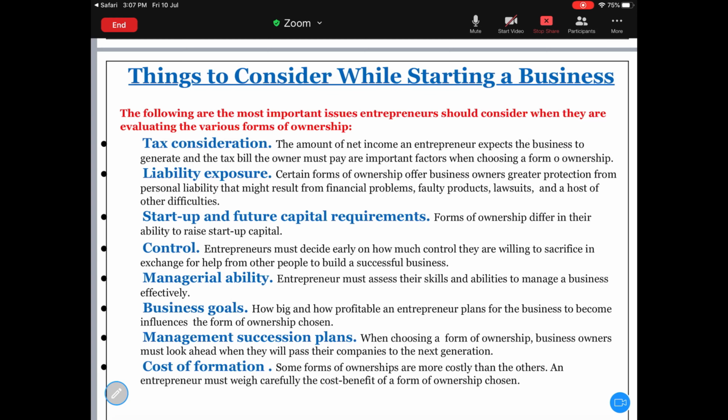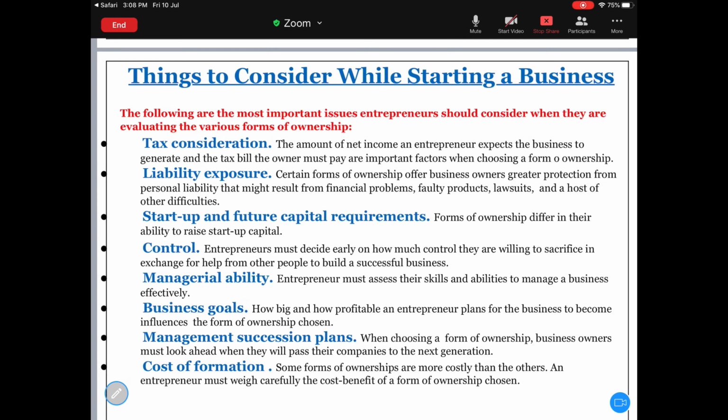Second is the liability exposure. That means that certain forms of ownership offer business owners greater protection from personal liabilities that might result from financial problems, faulty products, lawsuits, and a host of other difficulties.